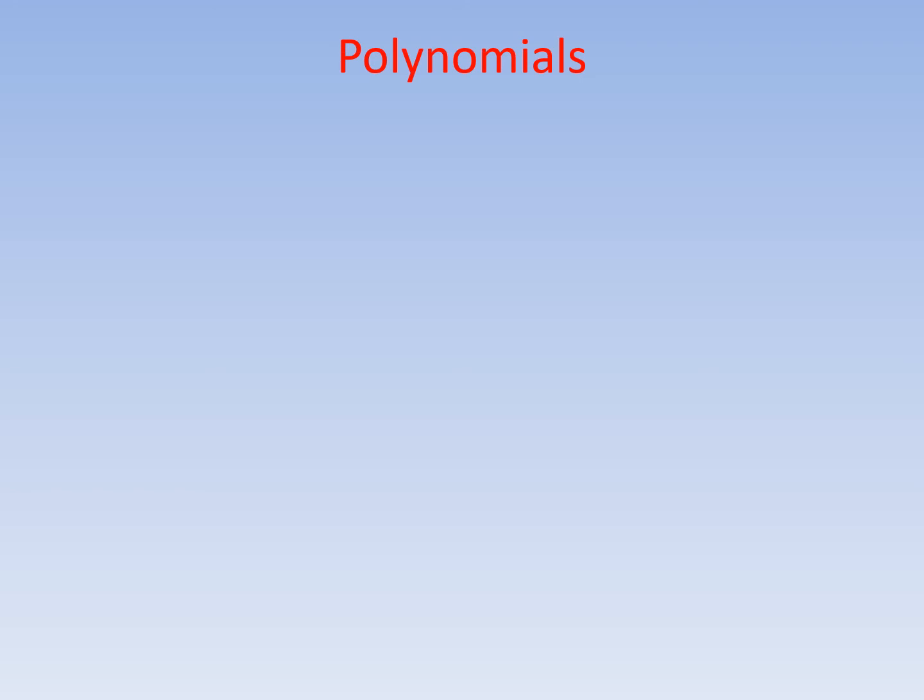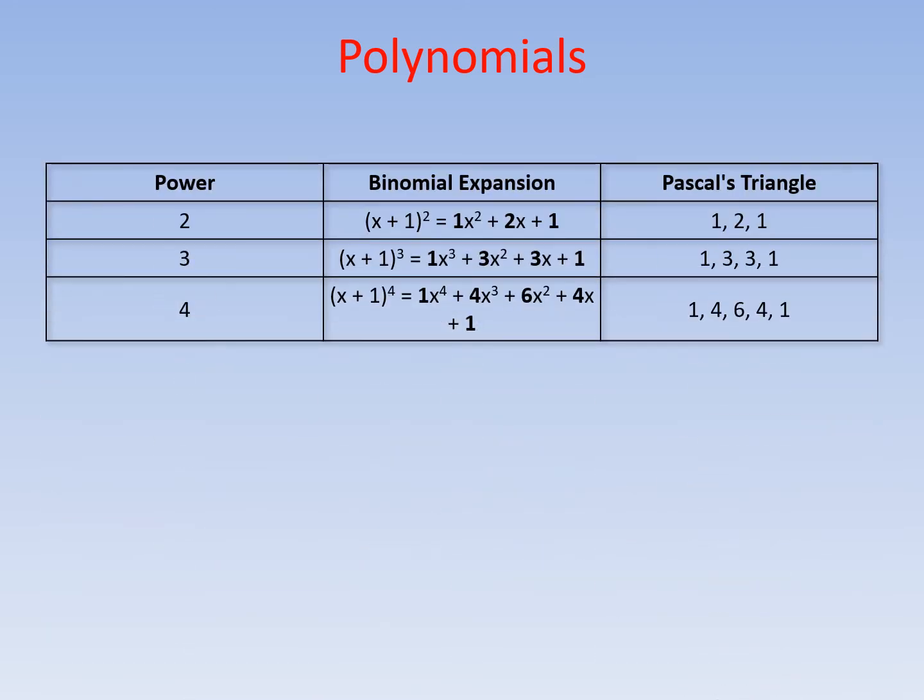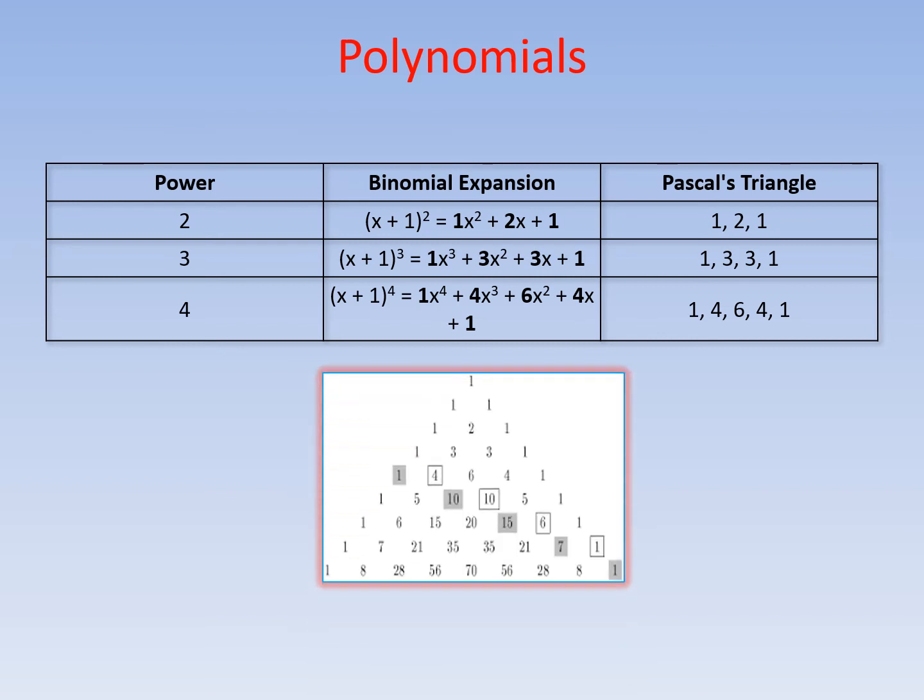Next application is in polynomials. When you are writing the identities x plus 1 whole square, x plus 1 whole cube, x plus 1 whole raised to the power 4, this is going to help you a lot. For the first, you have this row 1 2 1, which is written here.